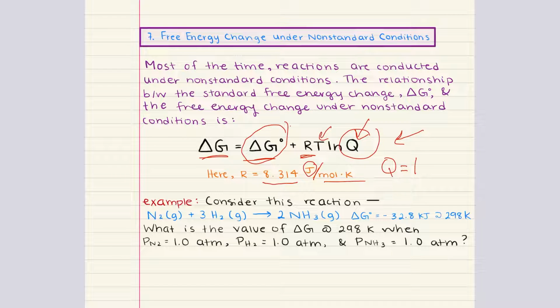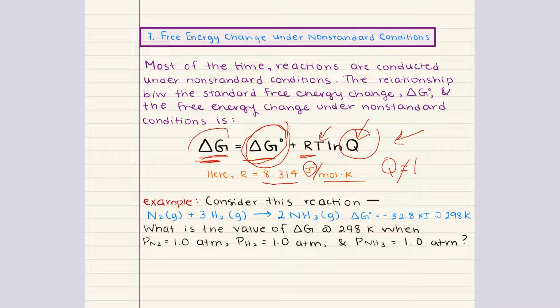However, when Q does not equal 1, then delta G will deviate from delta G naught, reflecting the actual progress and conditions of the reaction. By understanding and applying this equation, we can determine the free energy change at any point in a reaction, and that's going to allow us to predict how far a reaction is from equilibrium and in which direction it might proceed.